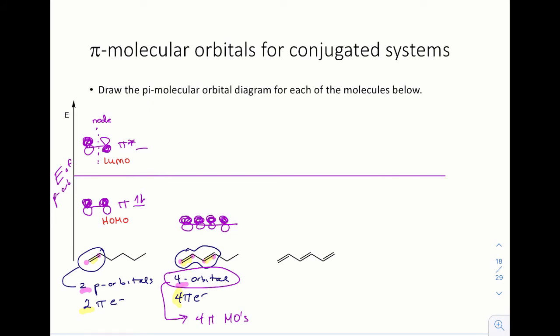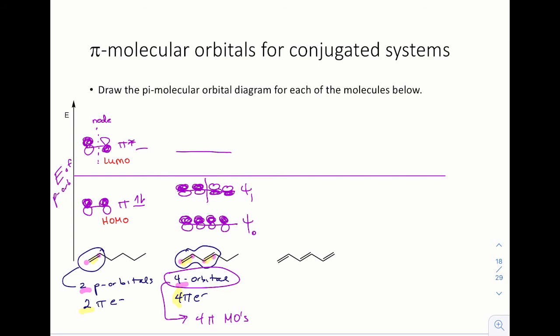There'll be 0 nodes in this orbital. Call this orbital psi naught. The next highest energy orbital will be formed from these 4 p orbitals combining with 1 node. Nodes are symmetrically distributed. It will be in between atoms 2 and 3 of this pi system.